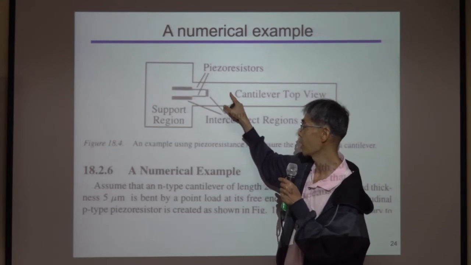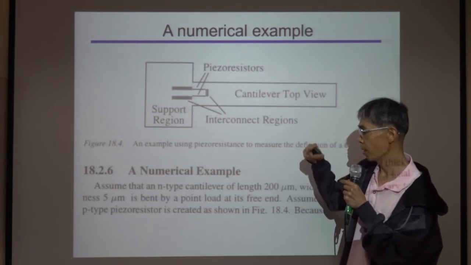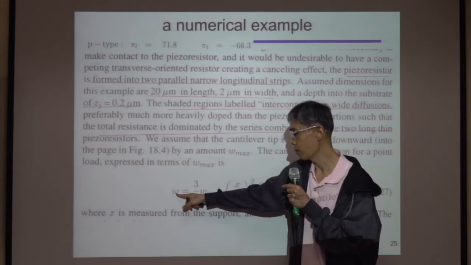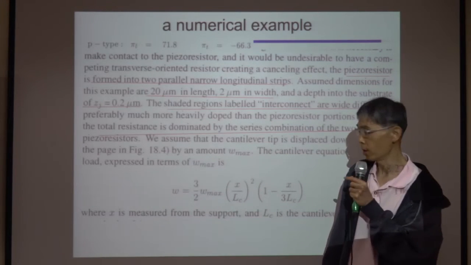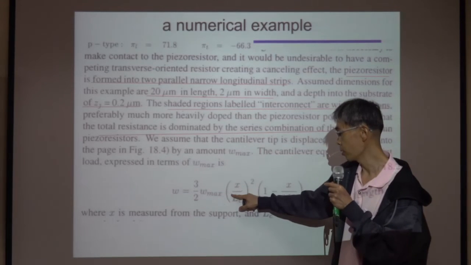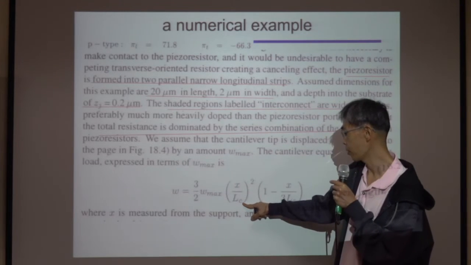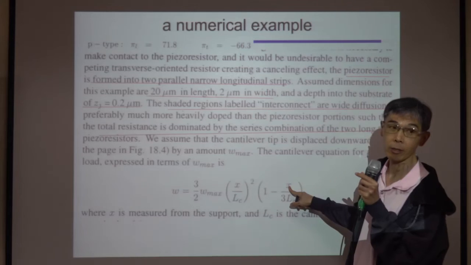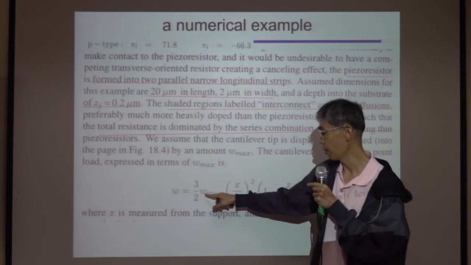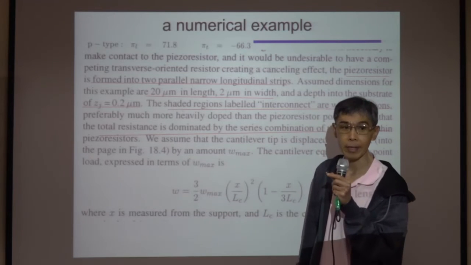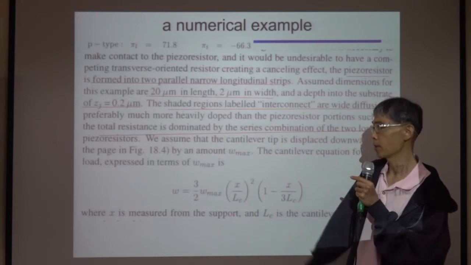So this is the x coordinate. Next page. And W represents the deformation as a function of x. And LC is the total length, 200 micro. And x is the location along the beam. LC is the total length. And W max is the maximum deformation, previous.